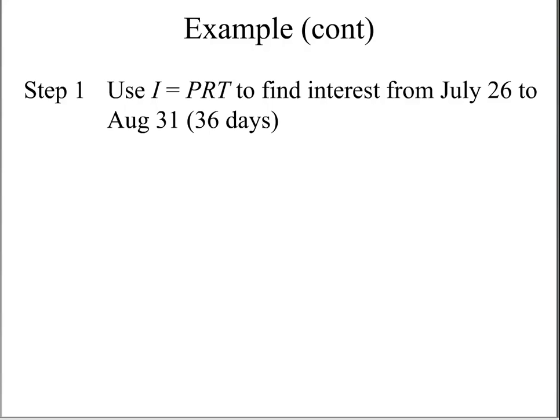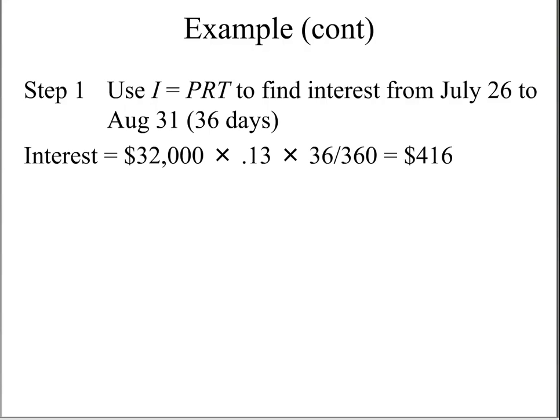The first step is to figure out how many days from the date the loan was taken out until the partial payment. That's from July 26th up until August 31st, which would be 36 days. So we're going to calculate the interest. We know that the amount of the loan is $32,000.